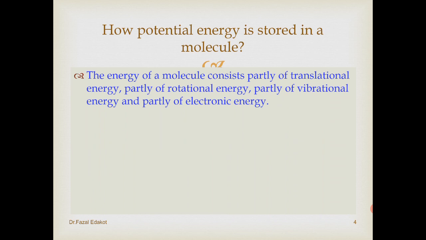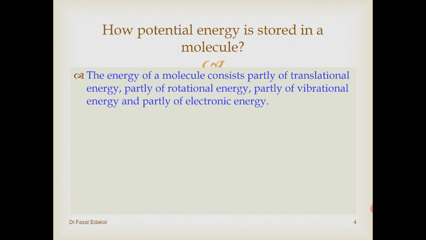The energy of a molecule consists partly of translational energy. Suppose you take a mug or a glass of water, and it is too hot. That means the water molecules are running from one place to another in order to withstand this hotness.